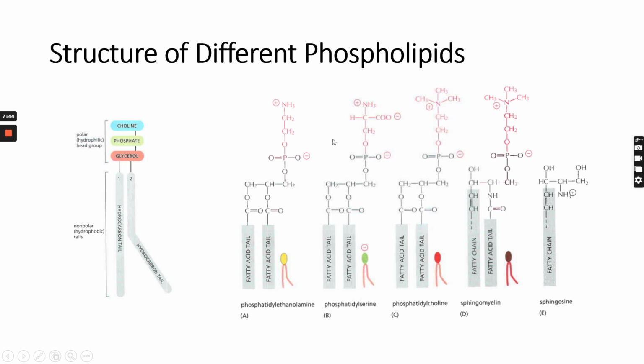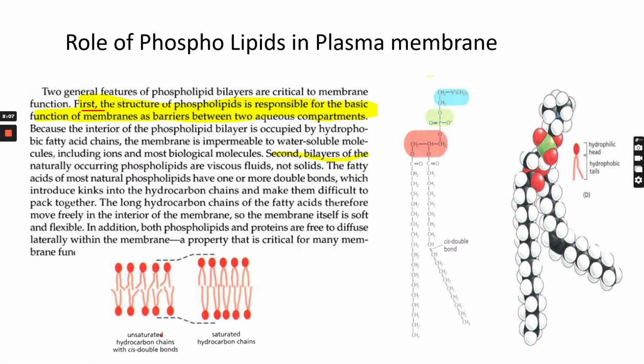If it is serine, then it will form phosphatidylserine, and if it is ethanolamine, then it will form phosphatidylethanolamine. Another thing is that the sphingolipids are also phospholipids, but here, other than glycerol, sphingosine is present. So you have to remember that sphingomyelins are also phospholipids without glycerol. From here also you will get some questions.